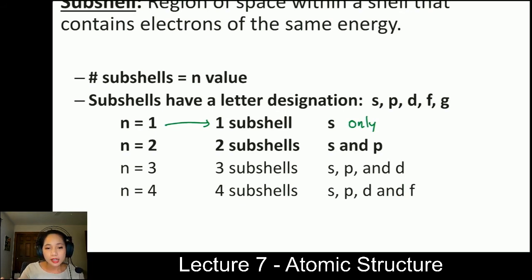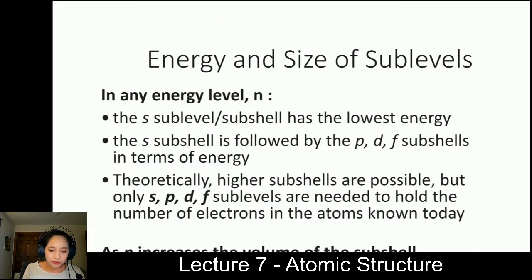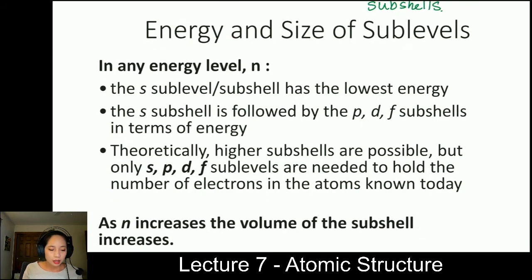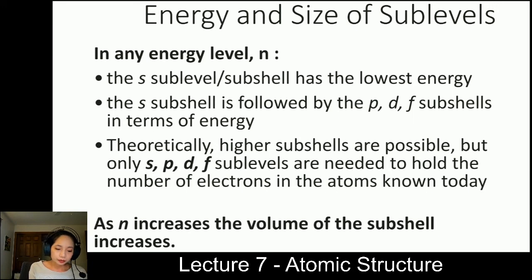So how do these letter designations, these subshells or sublevels, differ? So sometimes we call them sublevels. Essentially, we mean subshells. So how do those letters differ from one another? So within a certain energy level or a certain shell of N, the S sublevel or subshell always has the lowest energy.